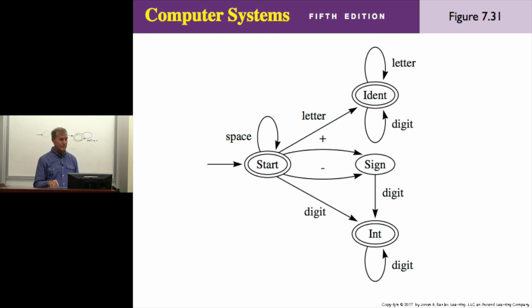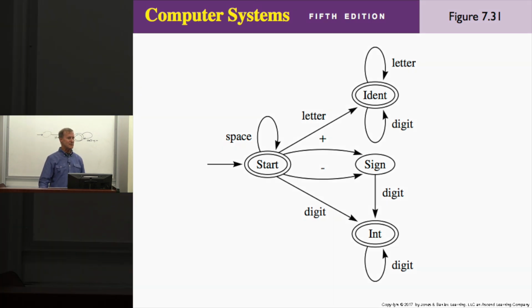No. But we are in a final state, so we know we have recognized an identifier token. And what do we have to do with that hyphen? Back up the input, so that when we start over the next time around, that hyphen will take us to the sign state.